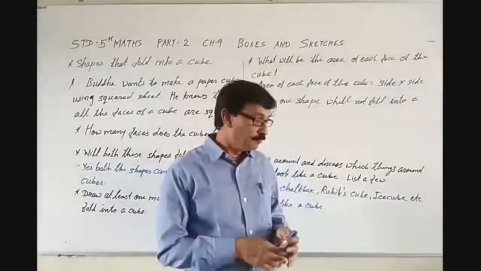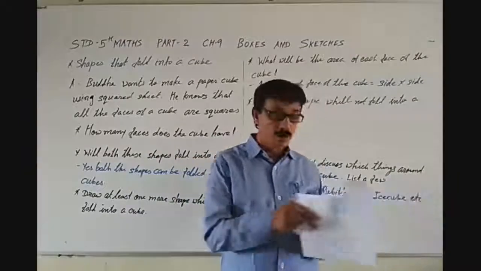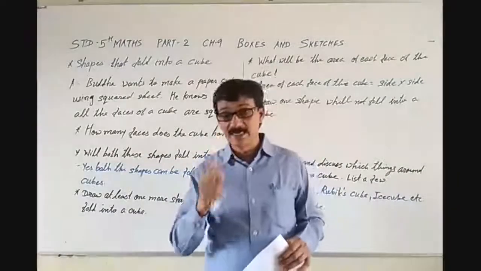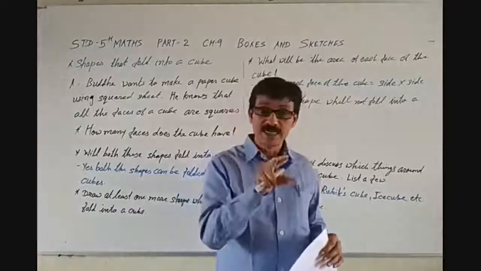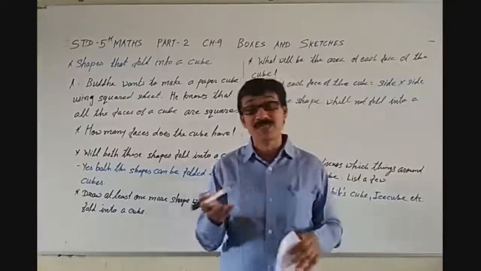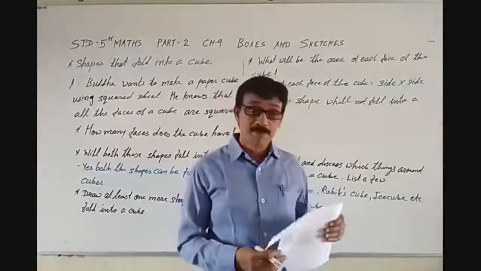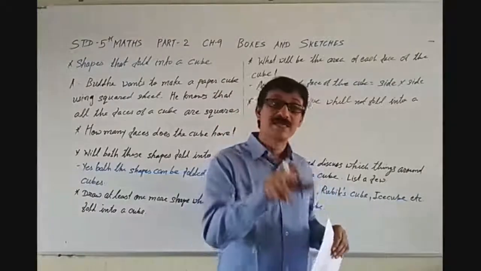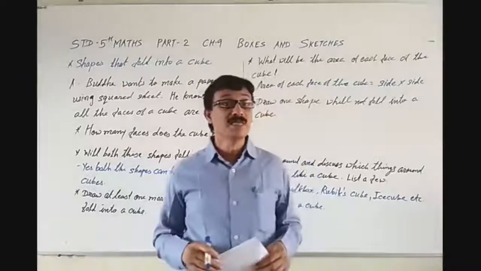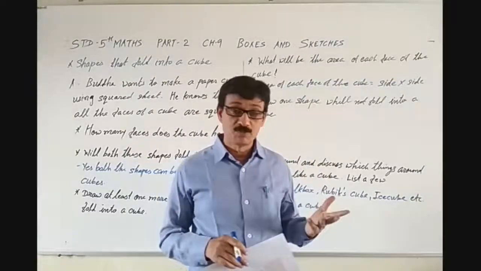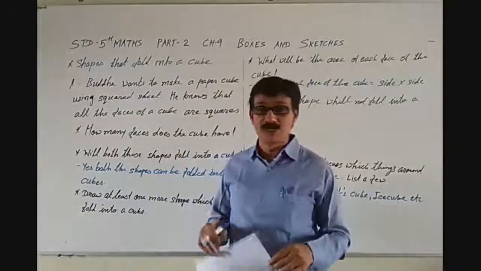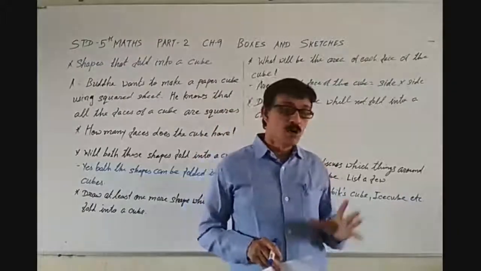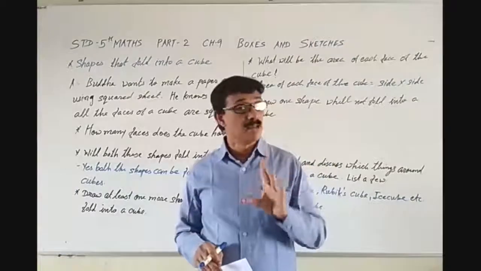And then I asked you to draw these shapes available in your textbook, cut them, and try to fold them and prepare a box. Is it possible to prepare a box by folding this shape? That is what you have to find out. That is what we discussed in the last part, and I gave you some idea of 2 dimension and 3 dimension.